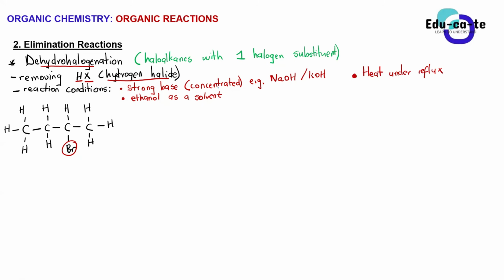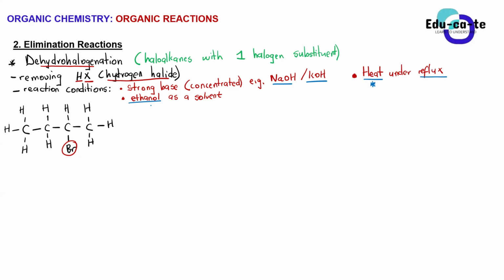So first is the strong base. It must be concentrated, such as sodium hydroxide or potassium hydroxide. And then we also need strong heat, which you can say as strong heat or heat under reflux. And then you also need to dissolve this reaction inside ethanol, so ethanol must be your solvent.